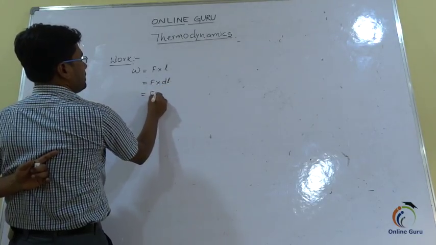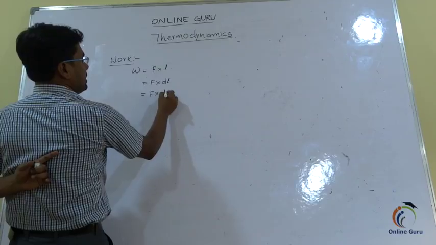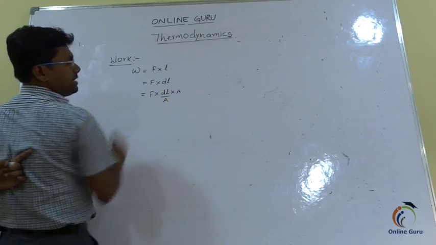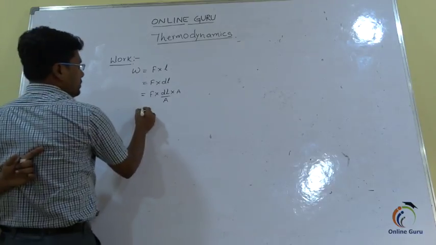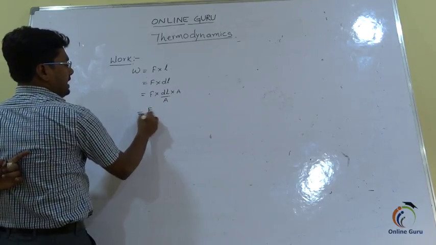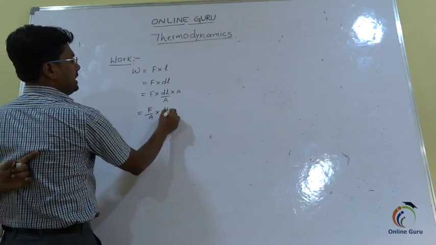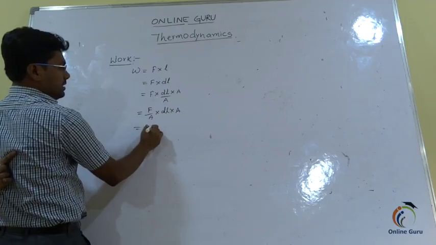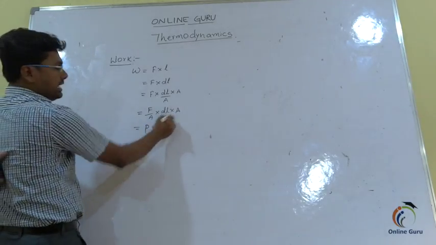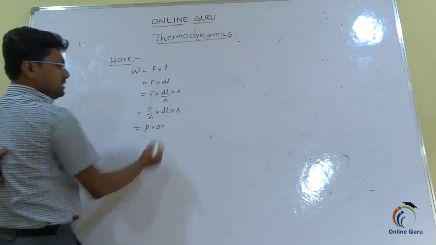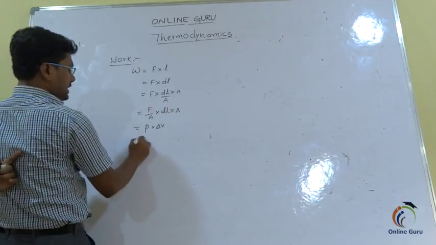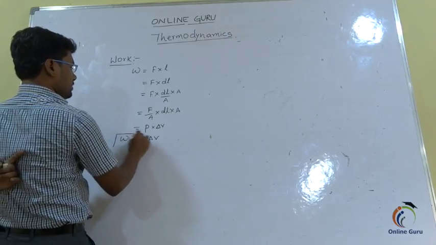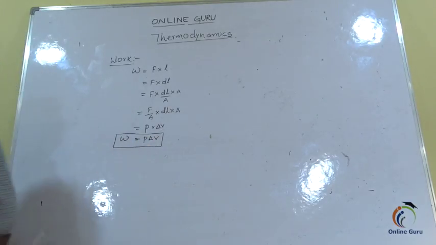Now in the next step, multiply this by A and divide by A for area. Now this is F by A into dl into A. This force by area stands for pressure, and this length into area gives delta V, that means volume. So we can write P delta V. So in thermodynamics, work equals P delta V.